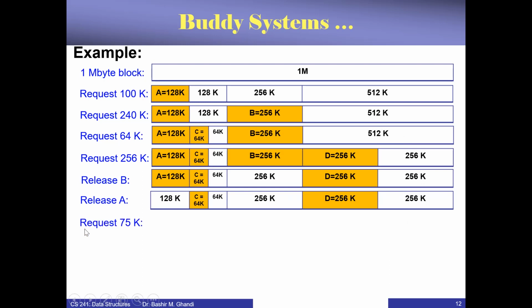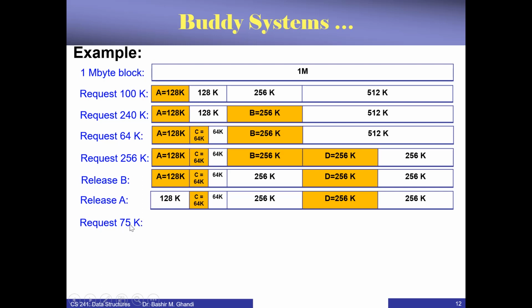So suppose now a request comes in for 75 kilobytes. It's a big problem. This actually shows internal fragmentation, because 75 is definitely bigger than 64, so we cannot use the free block of 64 here. We have to allocate the next size, which is 128. Okay, there is a 128 available, so we're going to allocate it. But look at the difference.